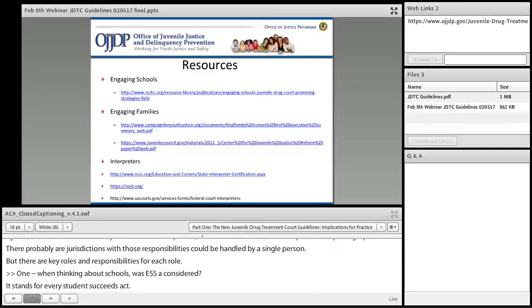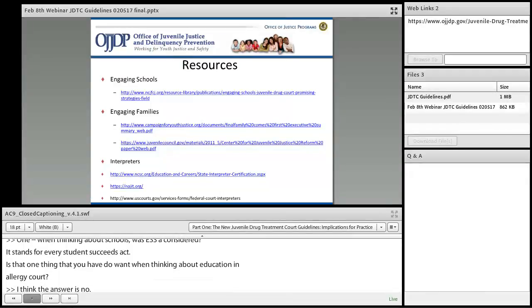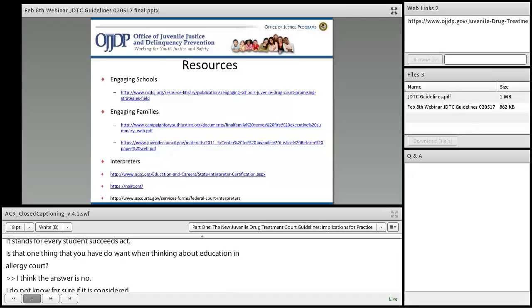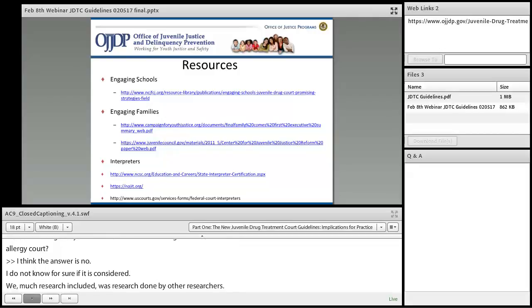I think the answer here is no. I don't know for sure if that was considered. Much of the research that we included was done by other researchers, so we did meta-analyses and systematic reviews, which is a way to integrate information across a number of studies.